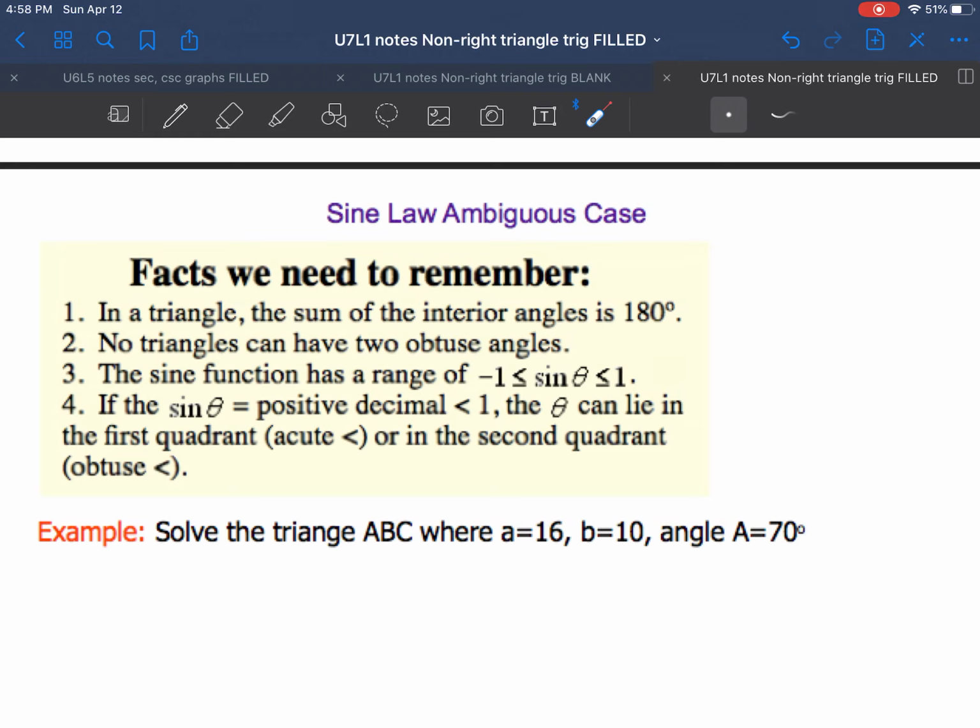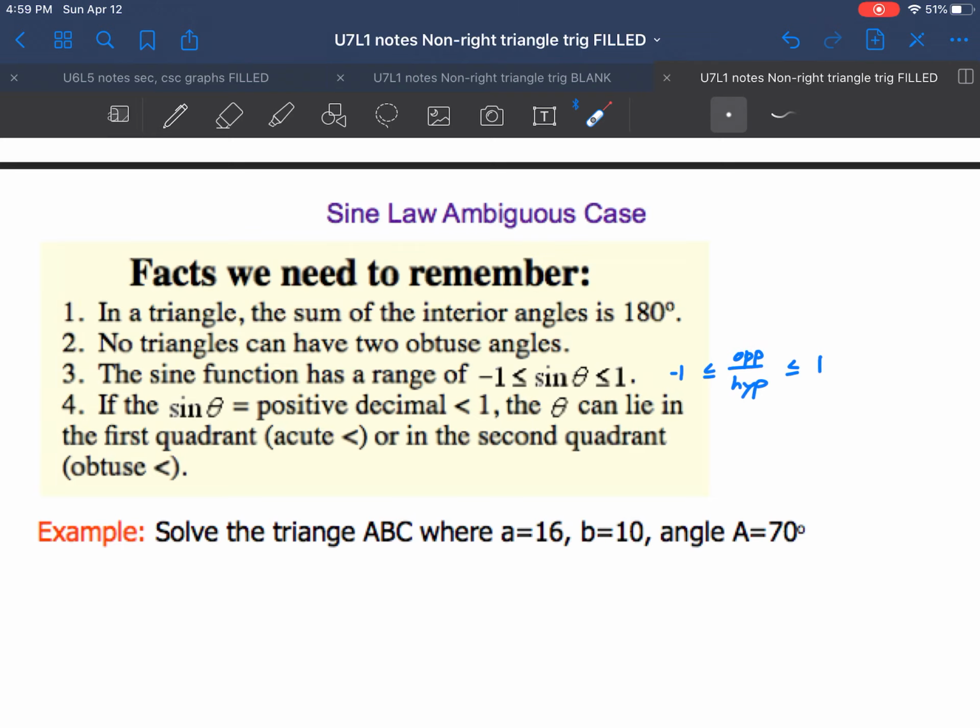This is really saying, let's get the blue back, the opposite over the hypotenuse has to be between -1 and 1. For us in these situations, like word problems, it just can't be bigger than 1. So this is saying the opposite can never be bigger than the hypotenuse, which makes sense.